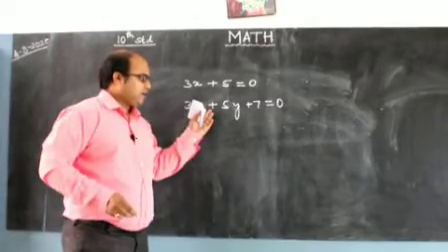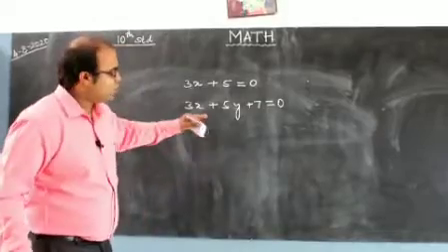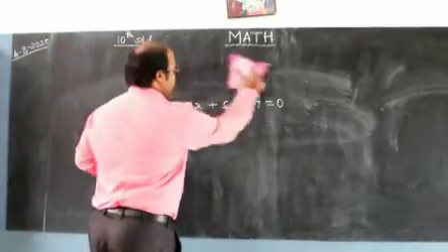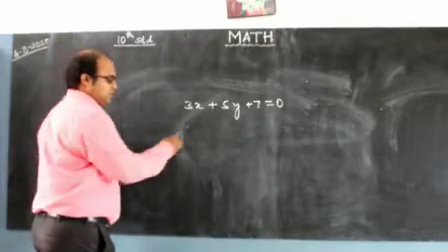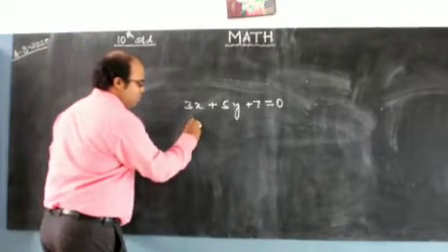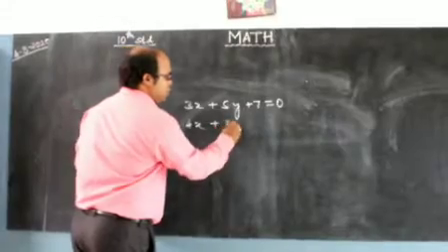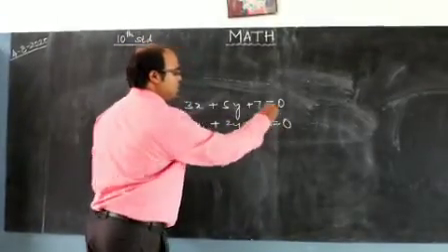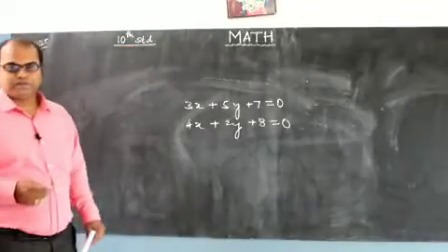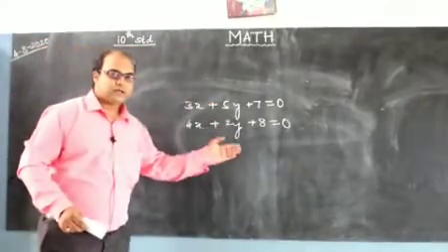Now, if I write one more equation of this type, for example, 4x plus 2y plus 8 equal to 0. See, I have written one more equation. Now, how many equations are there?